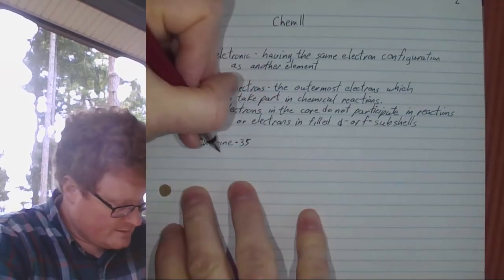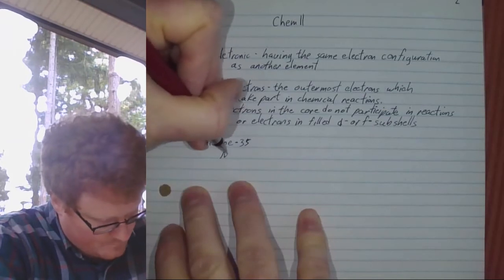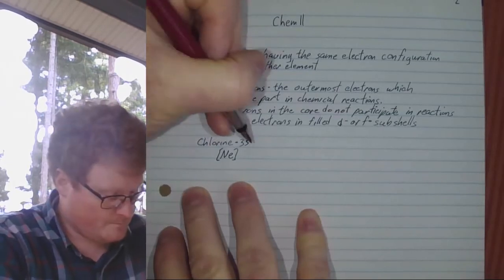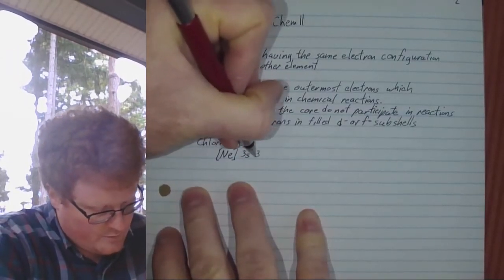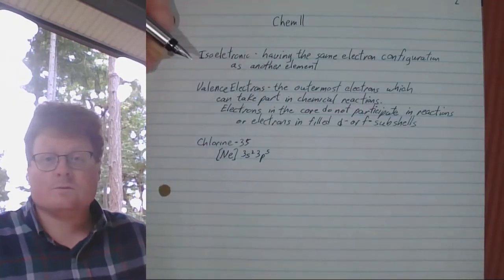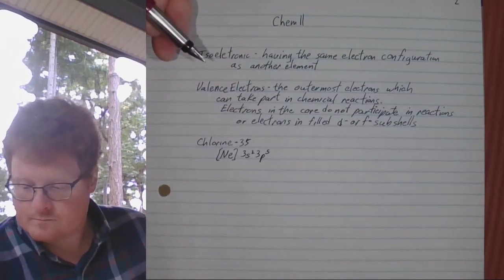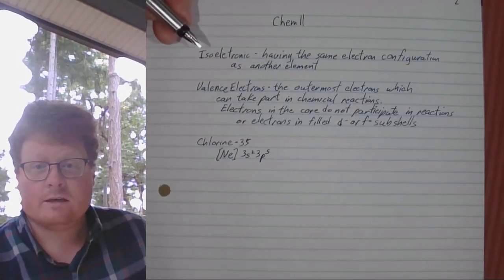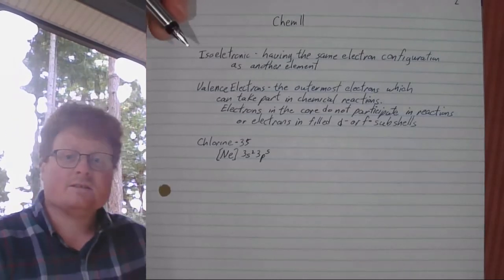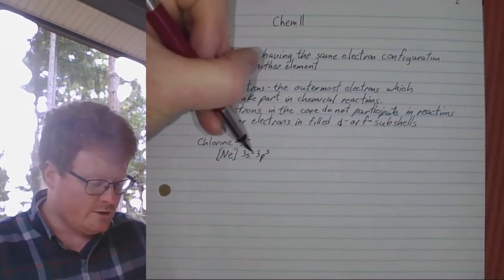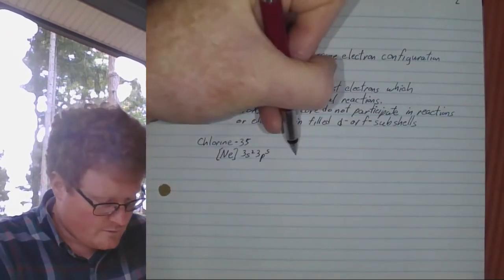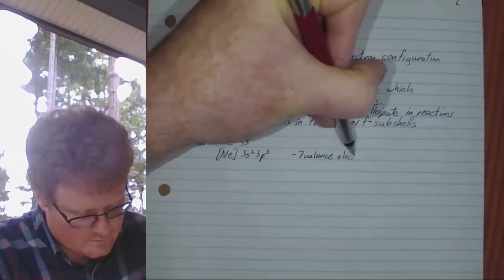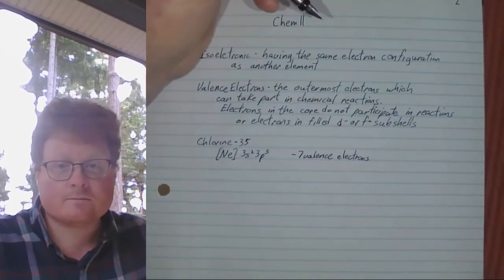The core is neon. It's in the third row. 3s2, 3p5. So, to get the number of valence electrons, how many electrons are in the outermost shell? So you can count these electrons in unfilled shells. 1, 2, 3, 4, 5, 6, 7. It has 7 valence electrons. Okay.